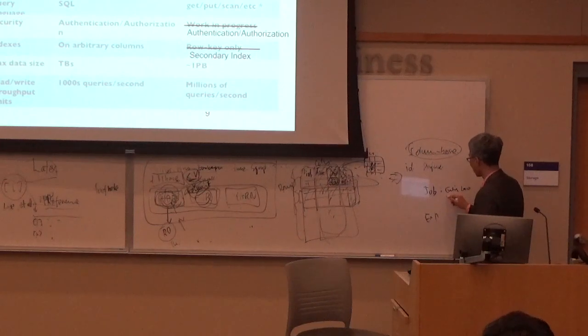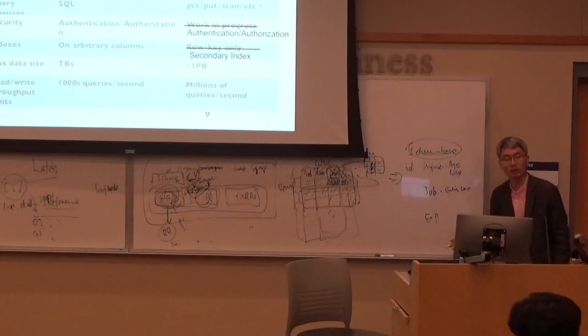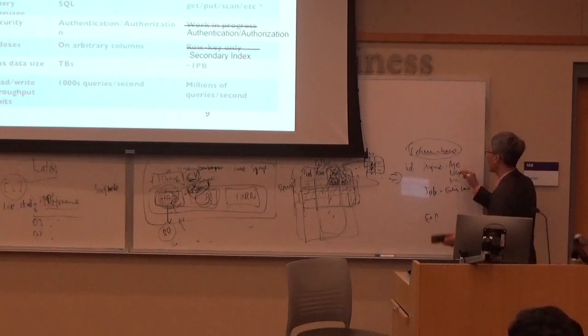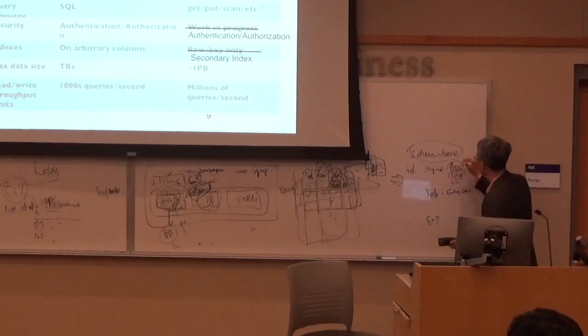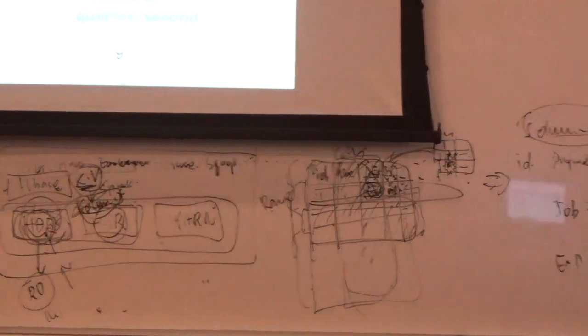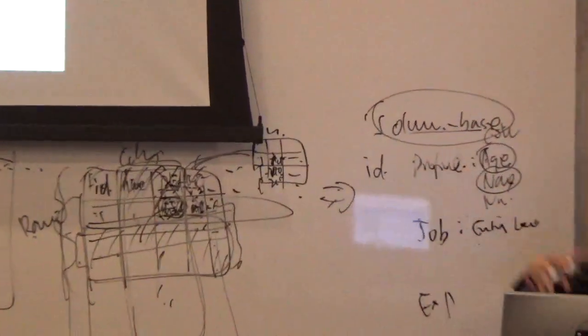For the profile, it has an age and a name, but some of them may have other profile information, like the nationality. Depending on the data, we can create a new column. This is a column, but this column is not fixed. It's not static. It may change depending on the data.